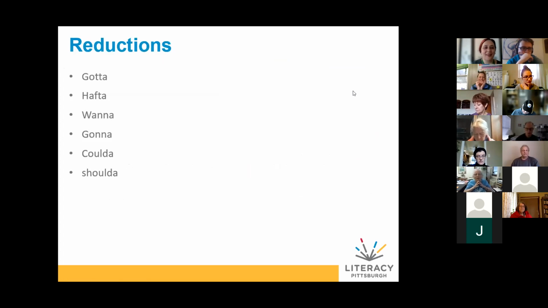Reductions. Okay. Gotta, have to, shoulda, woulda, coulda, gonna. People in the real world are going to hear these. I practice these with students, not that they need to say it like this, but they need to be able to hear and understand what other people are saying. This comes up a lot in workplaces.